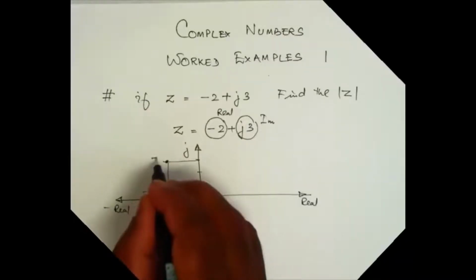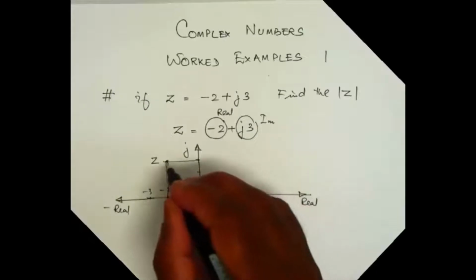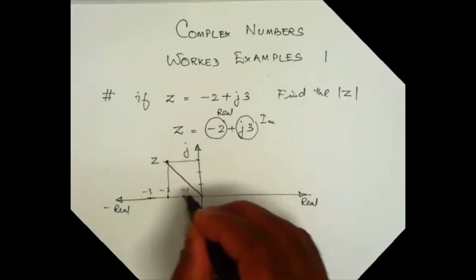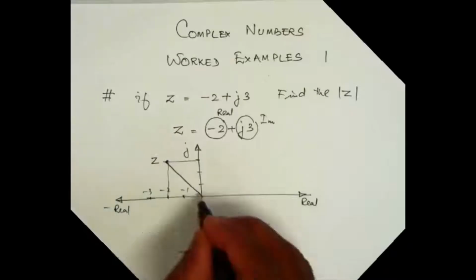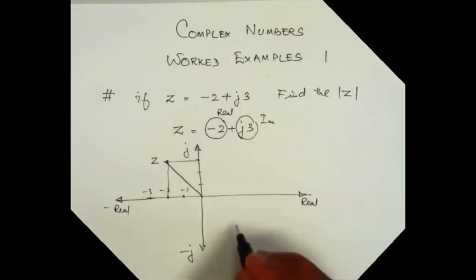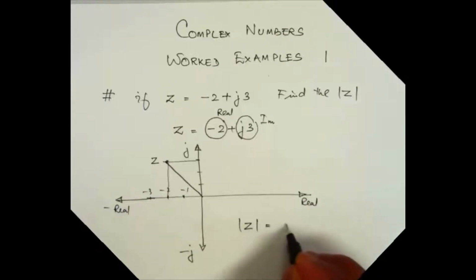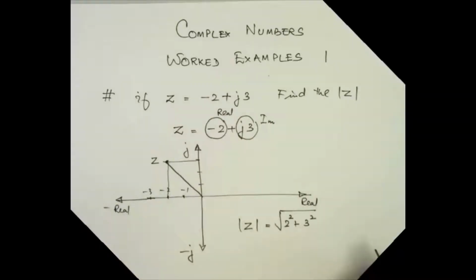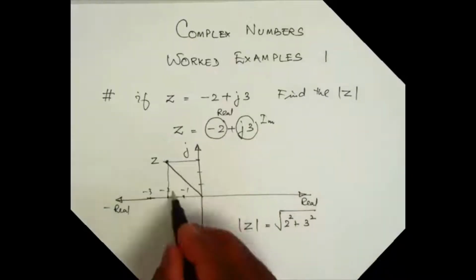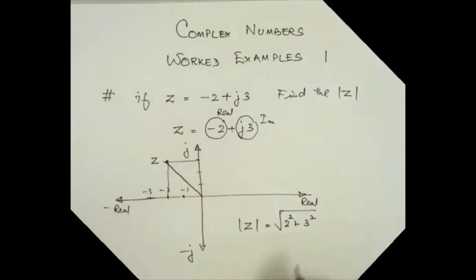So that's z there, and the modulus is the length of this vector, or the magnitude of this vector, which is equal to the square root of 2 squared plus 3 squared. Now please note that we will take only the positive value there because we need only the magnitude. It's immaterial whether it is negative or positive.